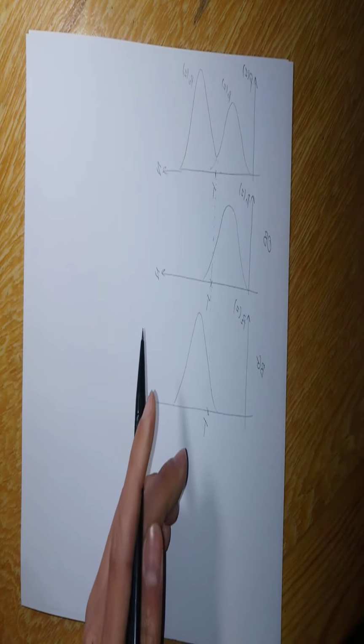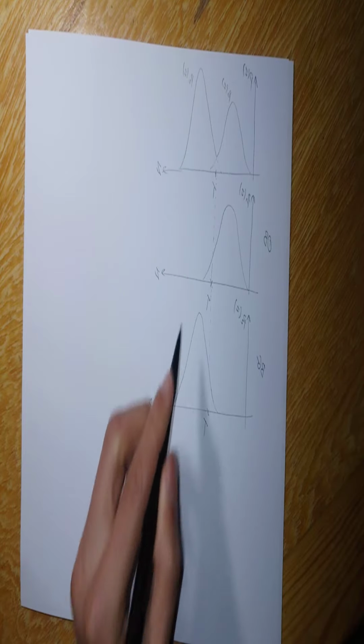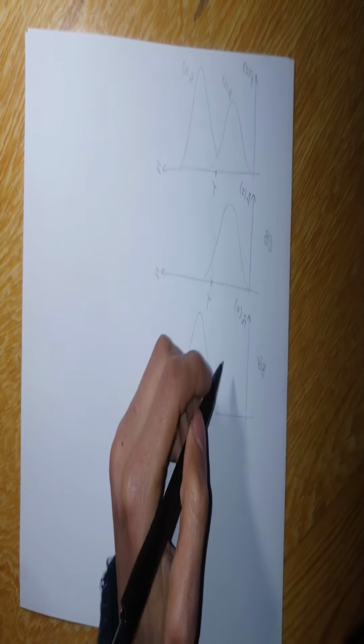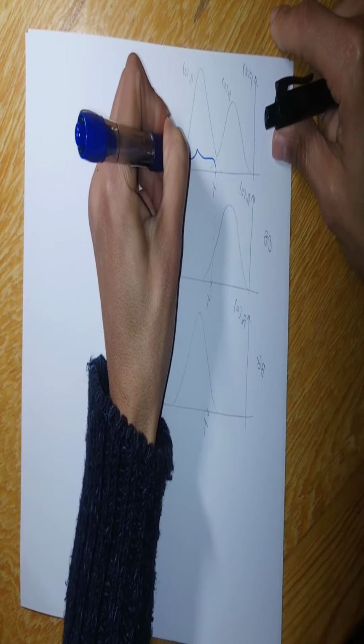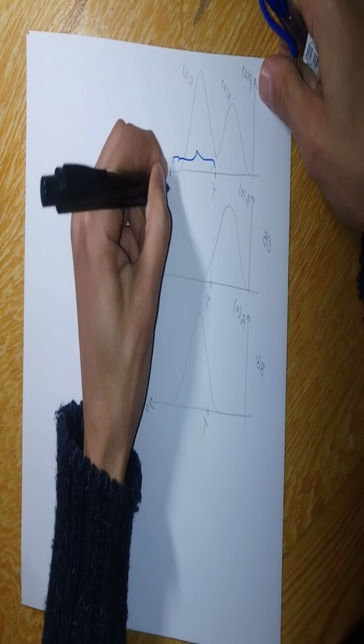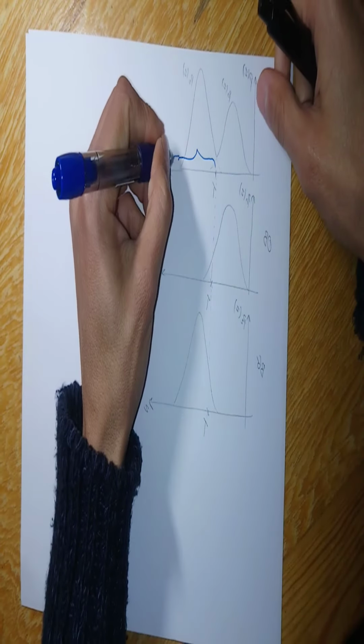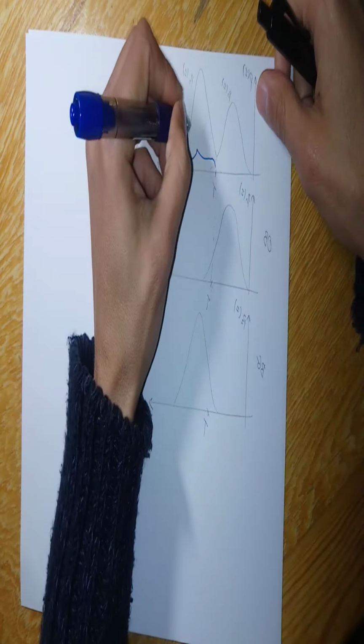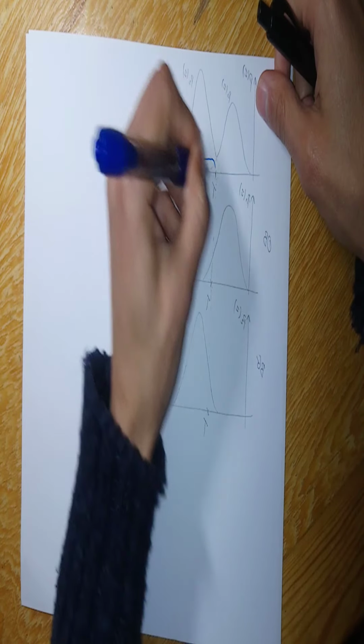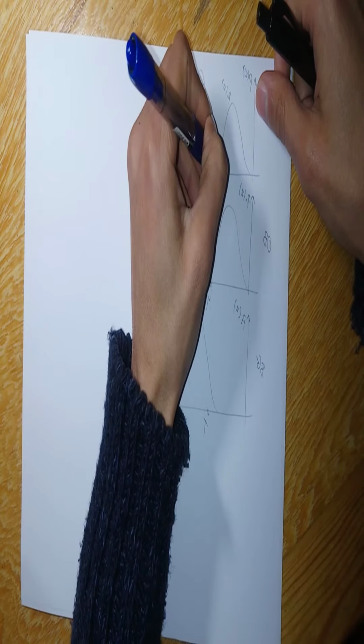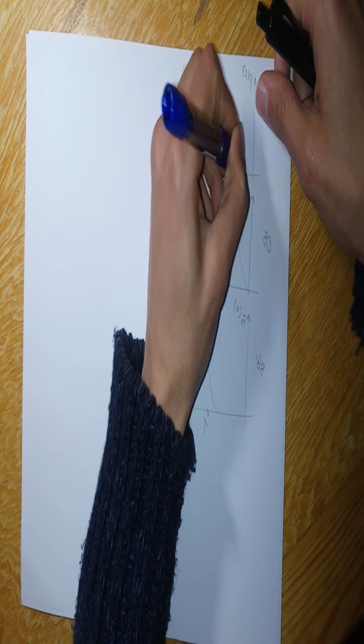Now, what we have to know first is that everything above the threshold is going to be classified as background, and everything below or equal to this threshold is going to be my object.